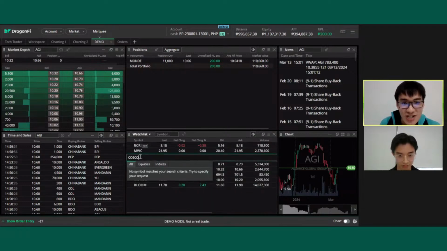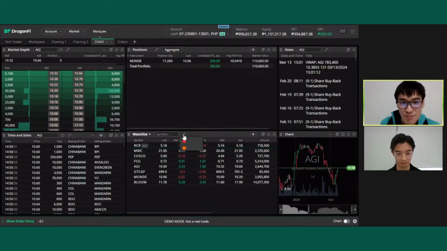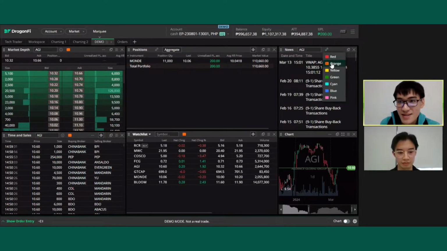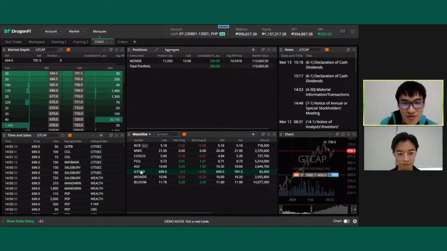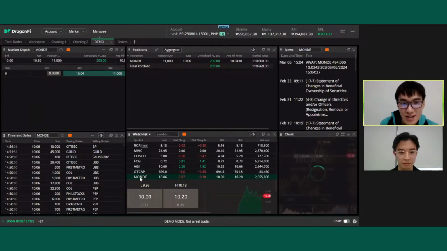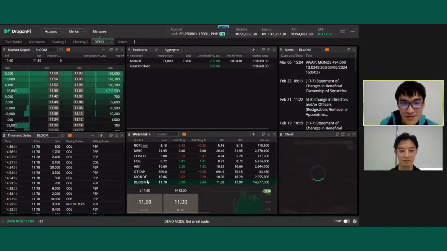So it doesn't change. So what you would do is you just press this, then you link it. So let's make it all orange, right? So that if you press another watch list, see it moves at the same time, right? So GT cap there, right?